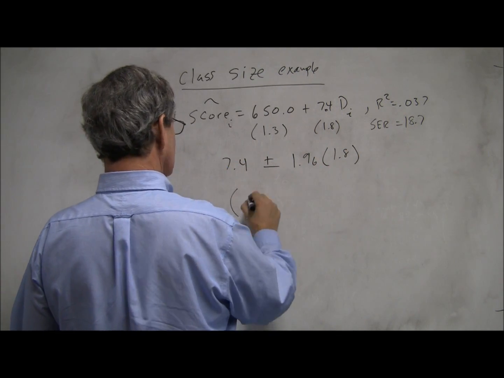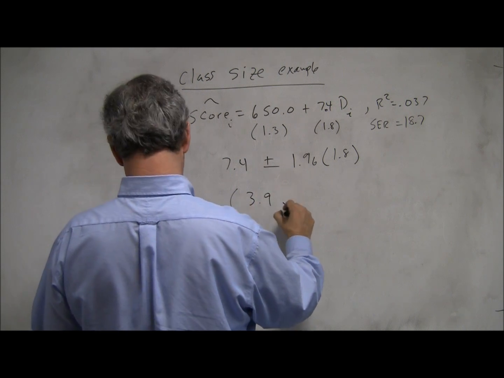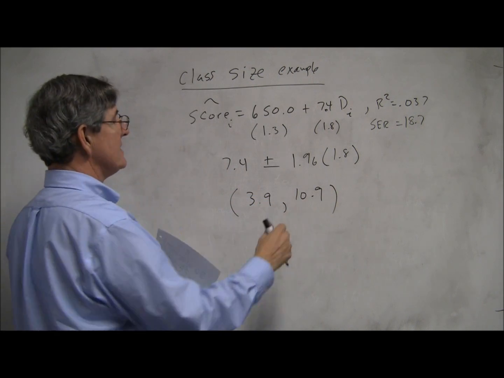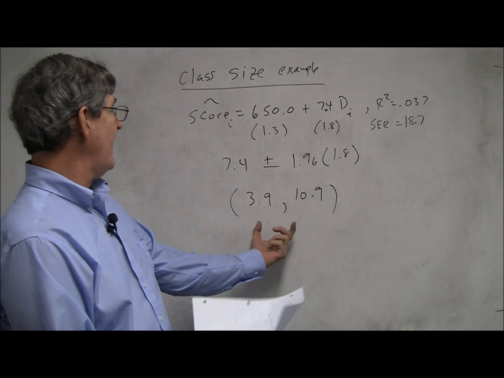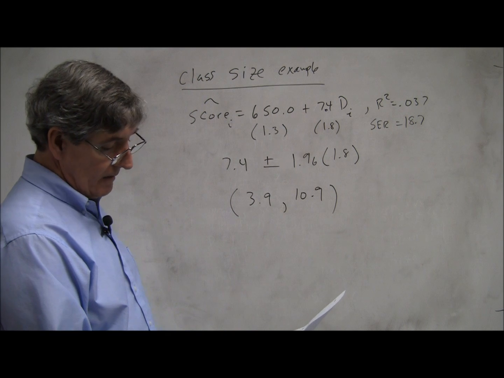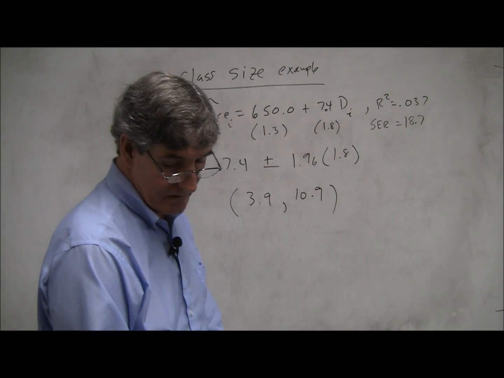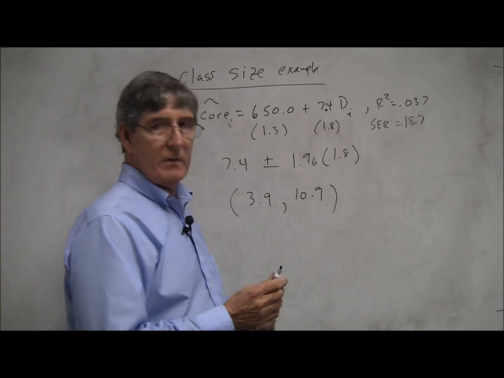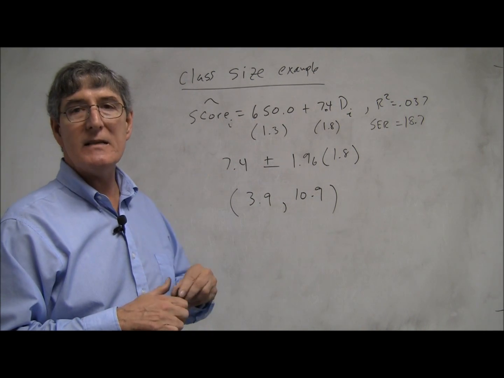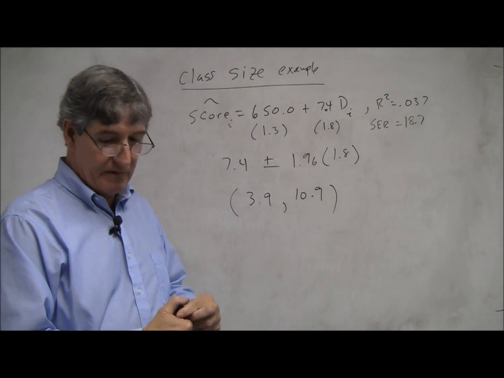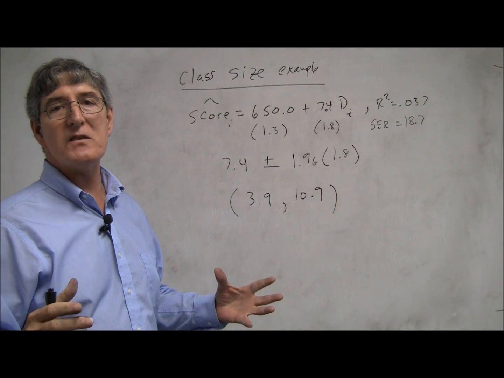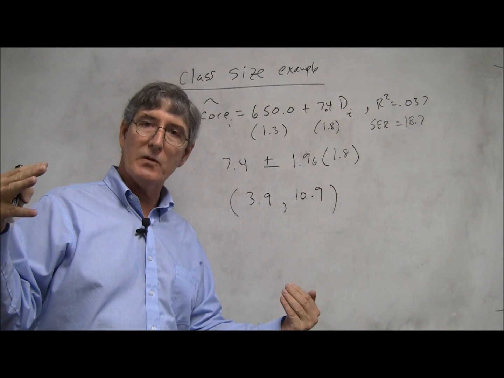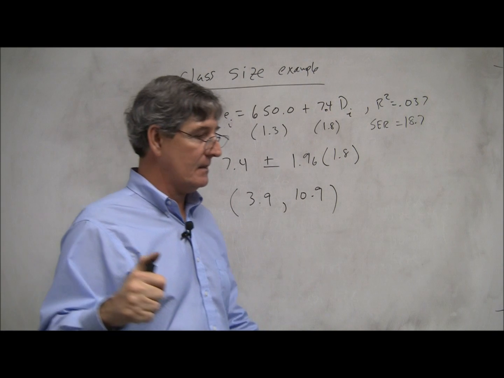So the confidence interval is going to be 3.9 to 10.9. 0 is not in there, so we reject the null. 95% of the time, the true value is going to lie within that range. And so with binary variables, there's nothing really different except the interpretation of what the coefficient beta 1 means. It's no longer a slope. What it represents is the difference in the two population means for the two groups defined by D_i.